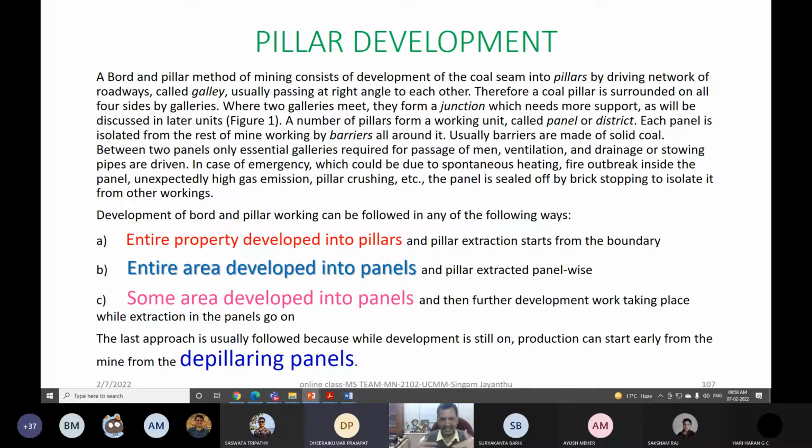When there are biaxial and triaxial stress fields, even the shaft dimensions or inclines, even the openings, can be circular, elliptical, rectangular.